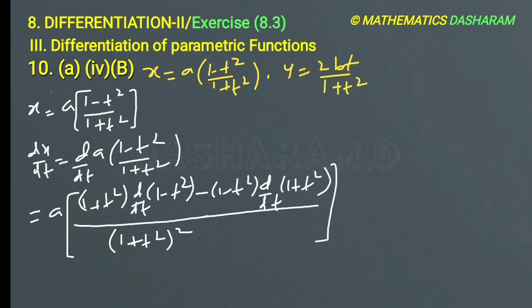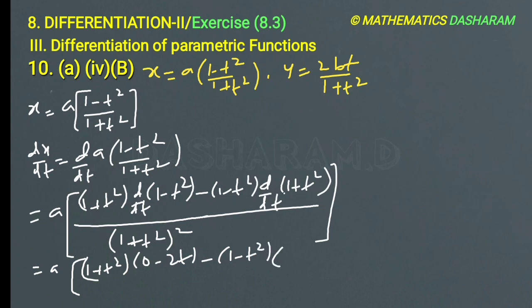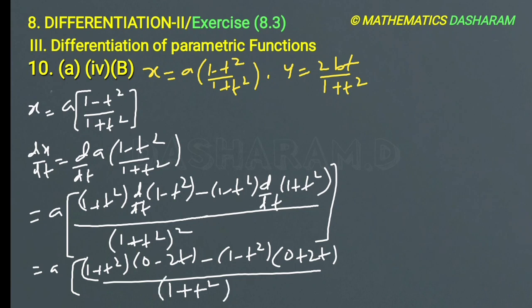So then it is equals to a bracket of (1 plus t square). Here derivative of 1 minus t square is 0 minus 2t, minus (1 minus t square) into derivative of 1 plus t square is 0 plus 2t, whole divided by (1 plus t square) whole square.